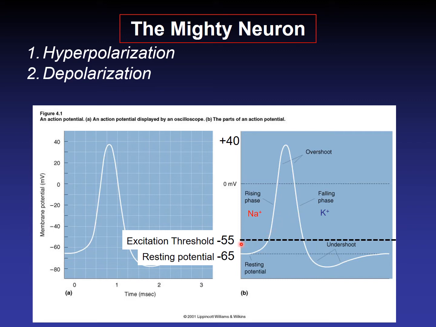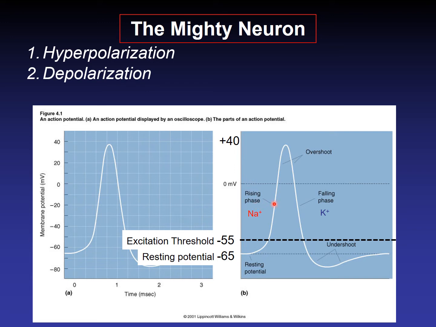We've reached excitation threshold. The sodium channels have opened up. Sodium that is concentrated outside of the cell will follow its concentration and its voltage gradients to the inside of the cell and cause the inside of the cell to become more positively charged. This is called the rising phase of the action potential.